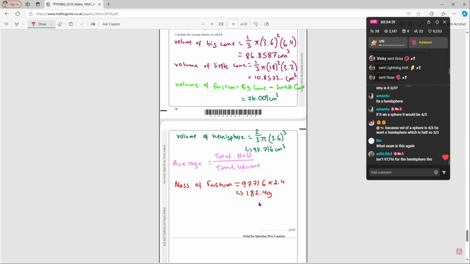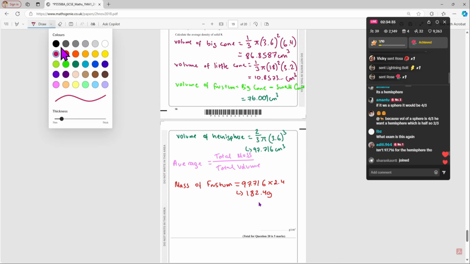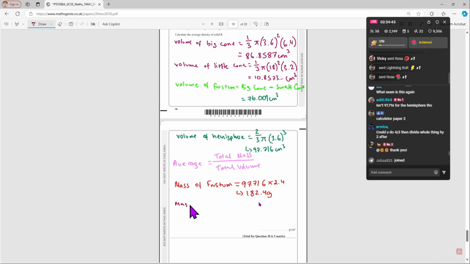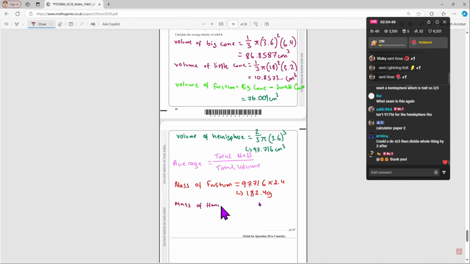And then once you have done that, we're doing the same thing with our hemisphere. To work out the mass of the hemisphere, it is going to be equal to 97.716.